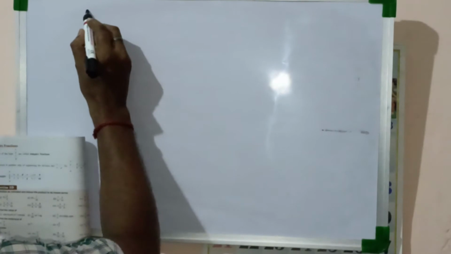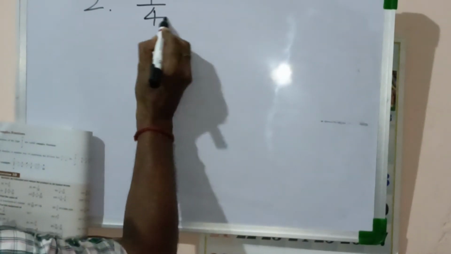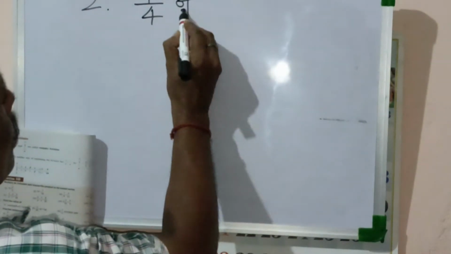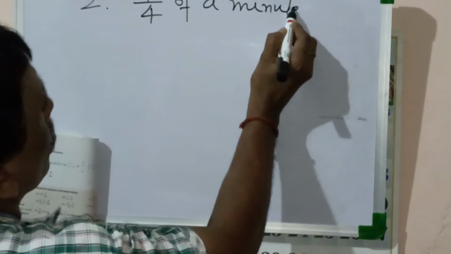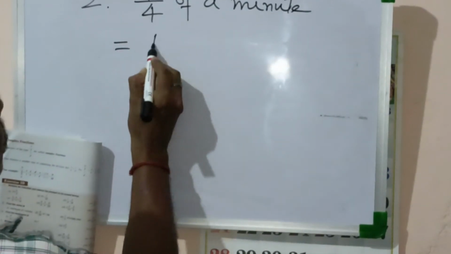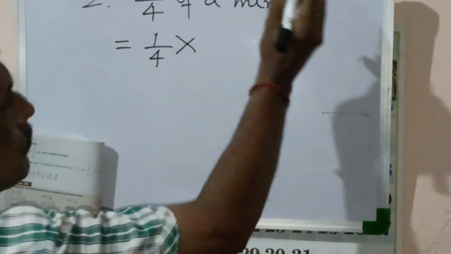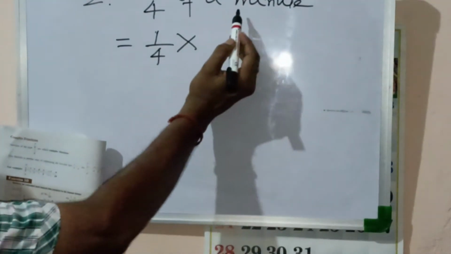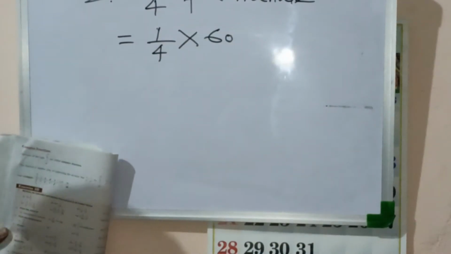Now question number 2. Find the value of 1/4 of a minute. 1/4 means 1 by 4. 1/4 of a minute. Of means multiplied. 1 minute, you know, 1 minute is equal to 60 seconds.